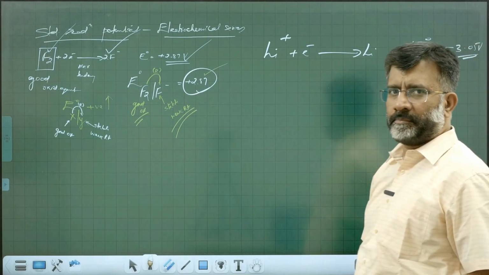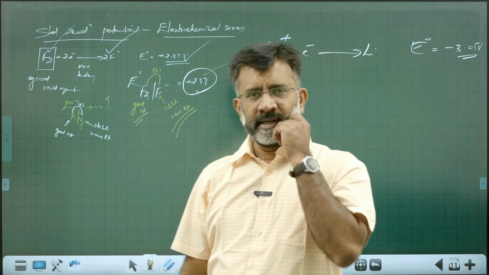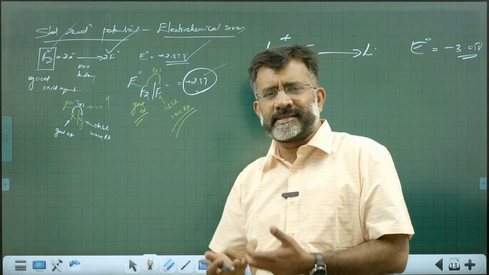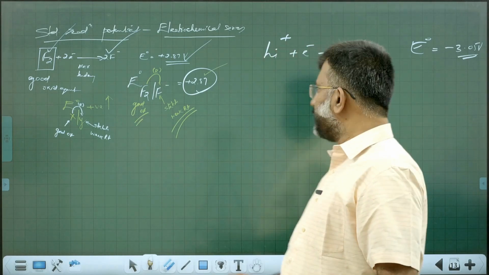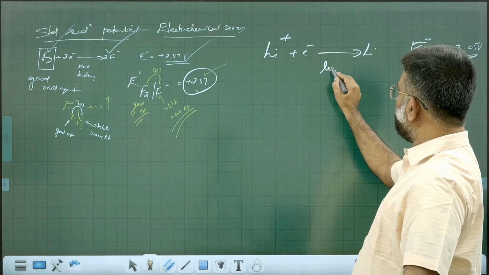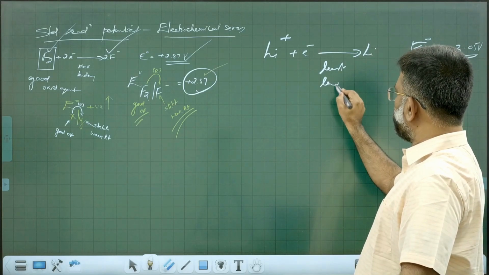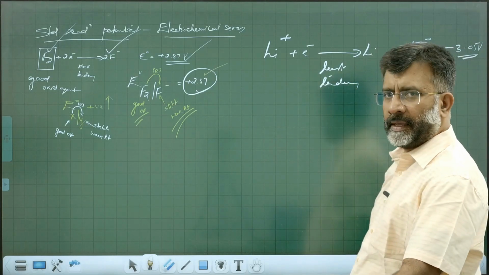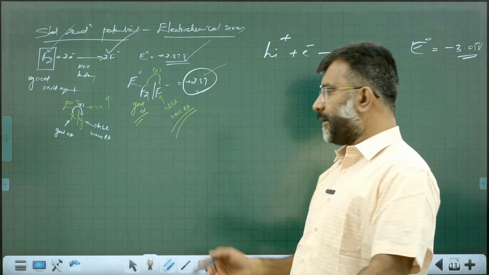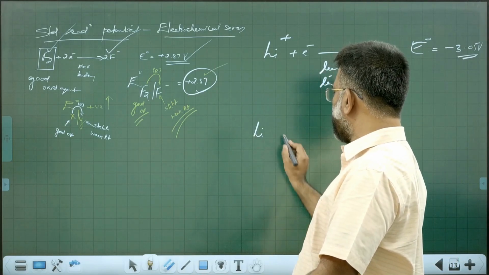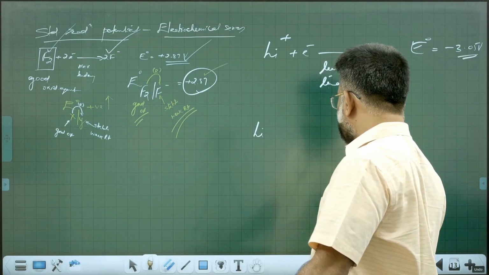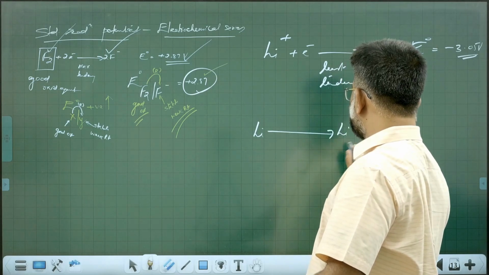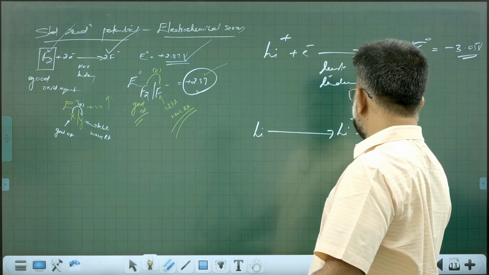That means this reaction has the least tendency to occur. Rather, there is a great tendency for the reverse reaction: Li is converted to Li plus plus electron.